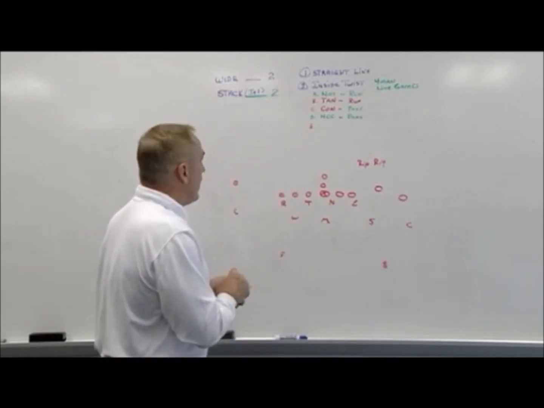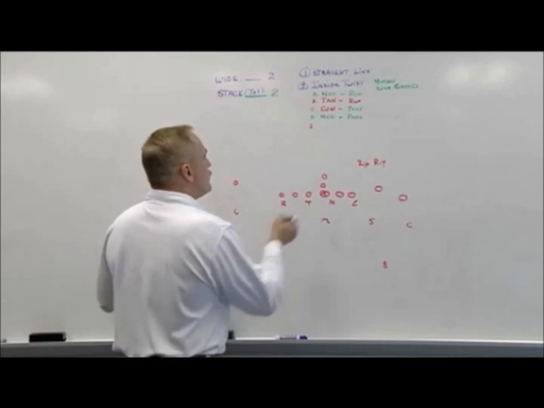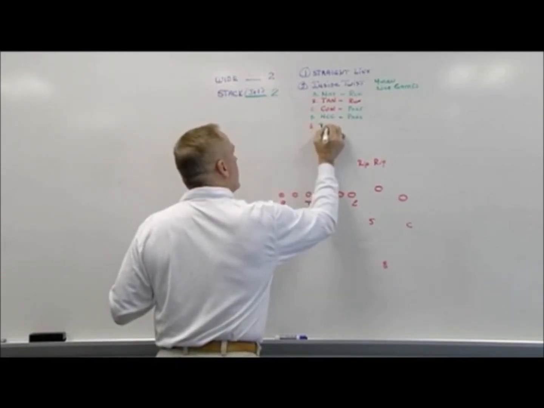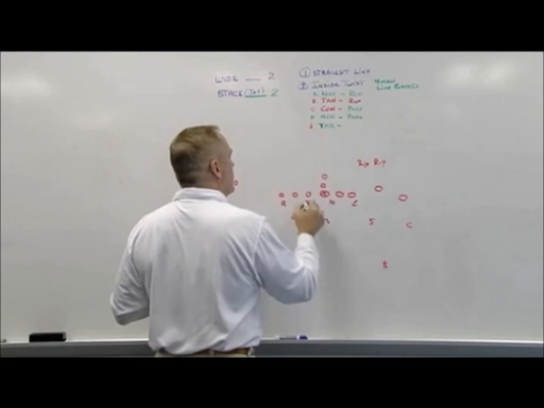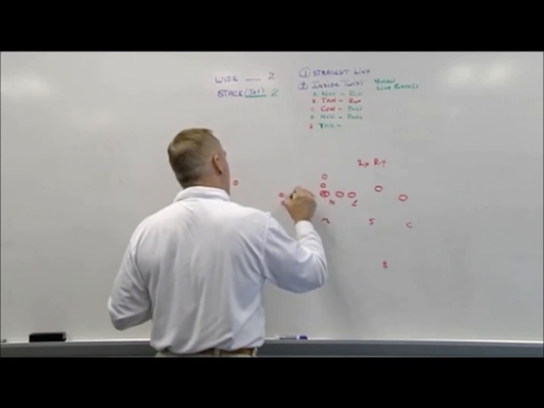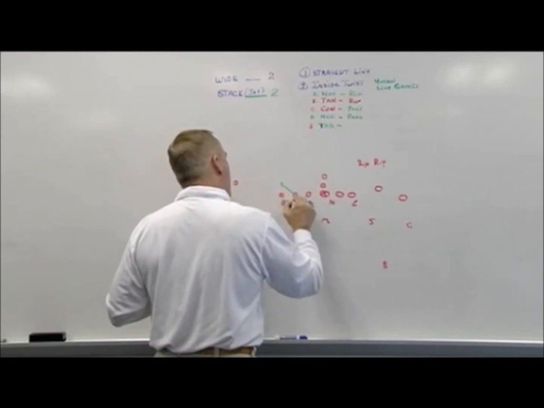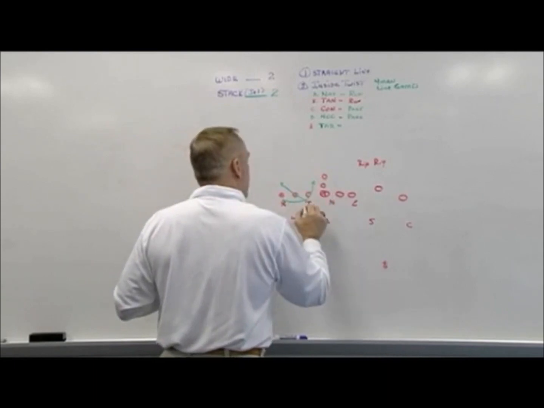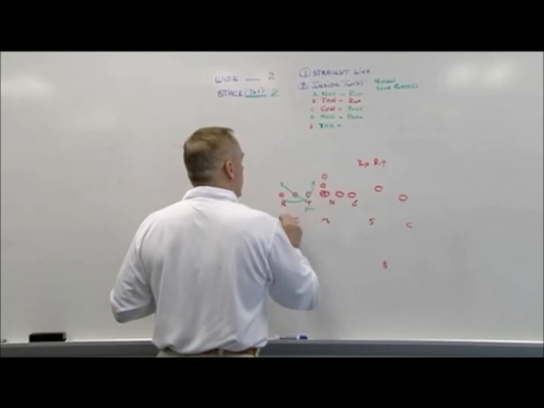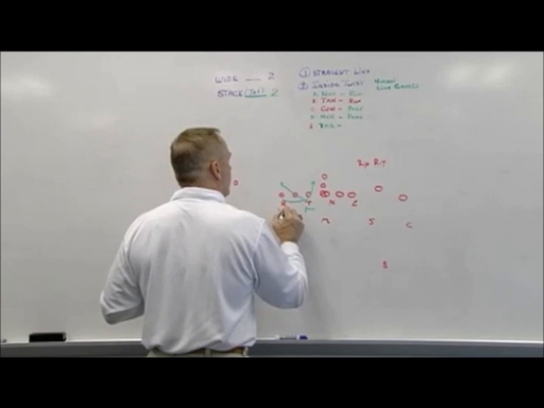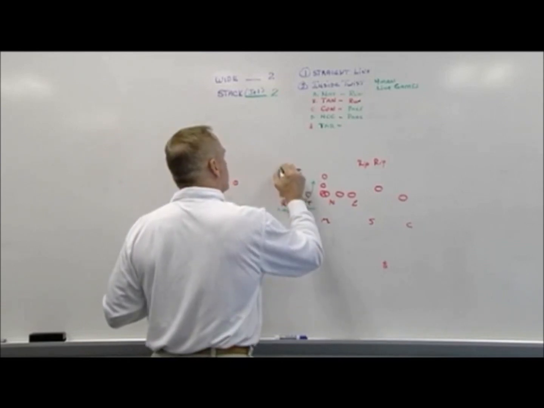4-3 structure. And we're going to call TAR, T-A-R. That stands for tackle first, rush. He is the penetrator. The rush is the looper. I like this versus the run.